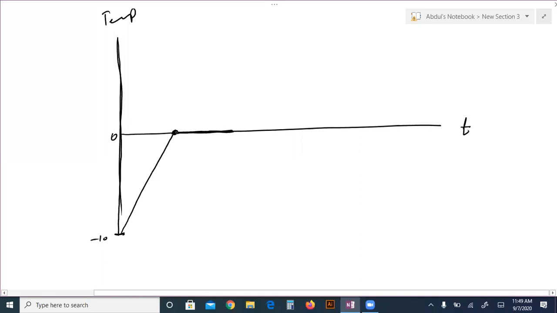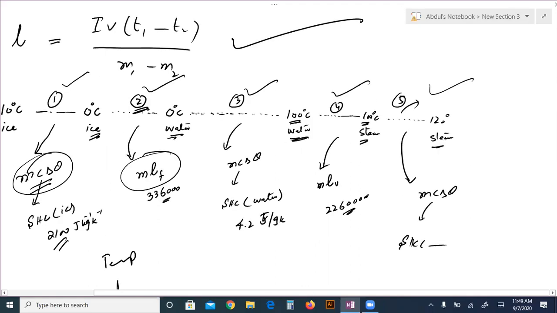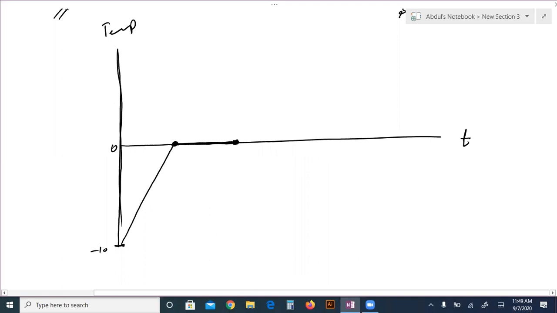For this period of time, no change in the temperature. And then from 0-degree water to 100-degree water. So this is, suppose, the temperature 100 degrees Celsius.